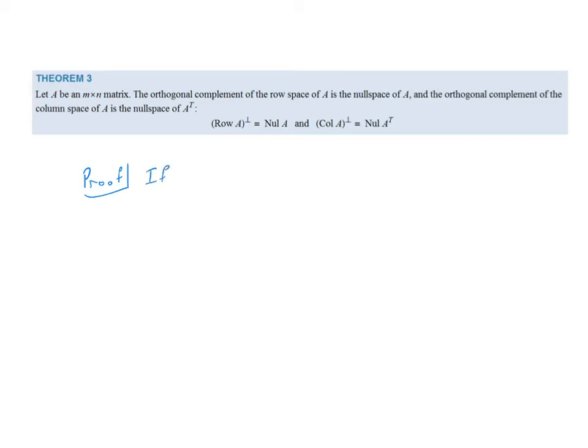So if x is in null A, if x is in the null space of A, then x is orthogonal to each row of A. Why is that true? That is true because Ax equals 0.